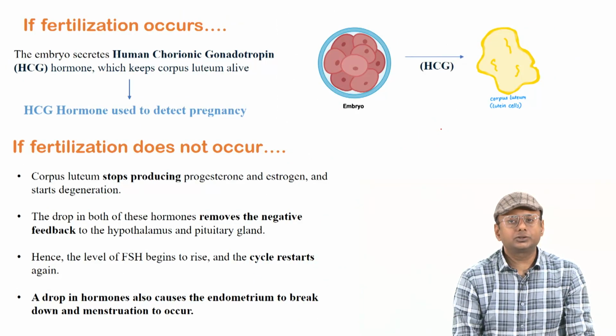So, we just discussed two conditions, right. If fertilization occurs, the embryo which is formed after the fertilization will secrete a hormone called HCG, or human chorionic gonadotropic hormone, and this HCG hormone will help the corpus luteum to maintain.